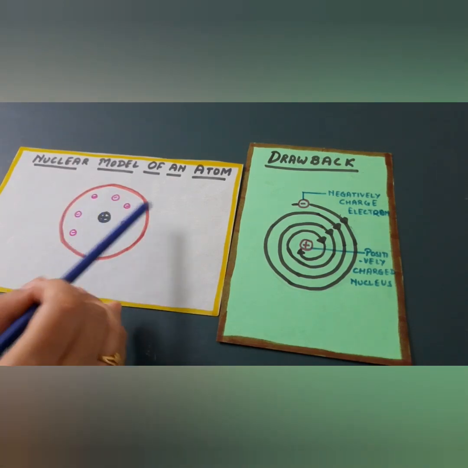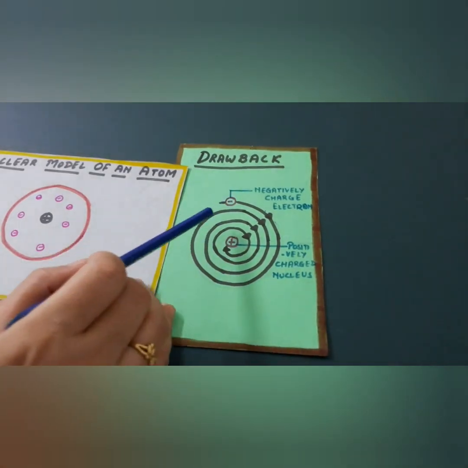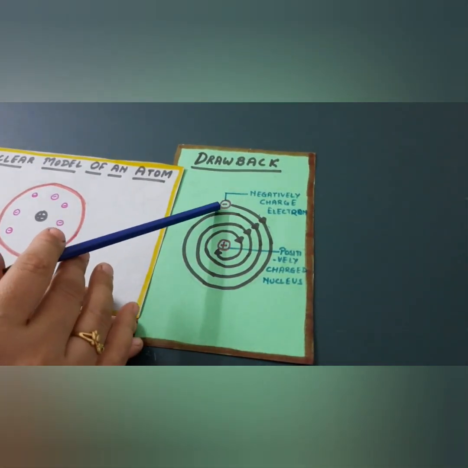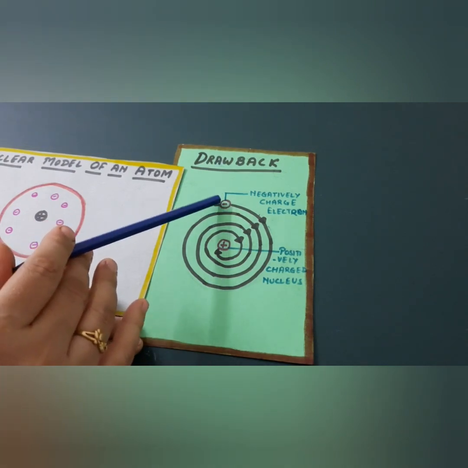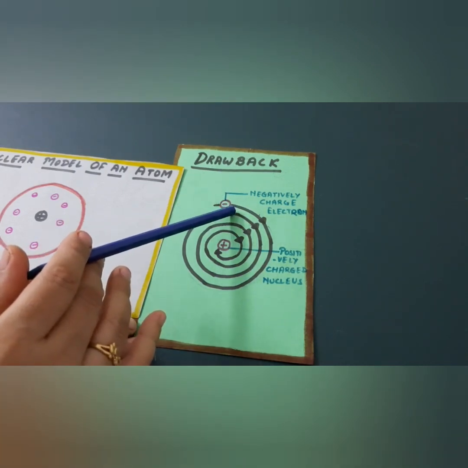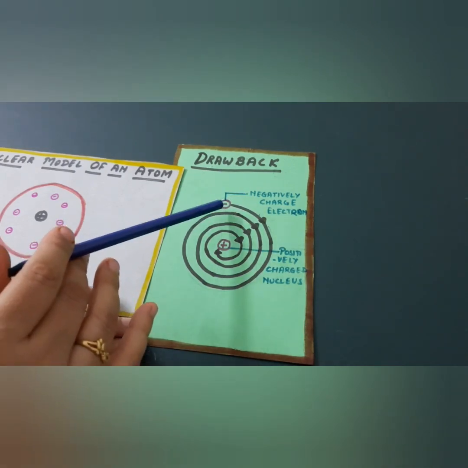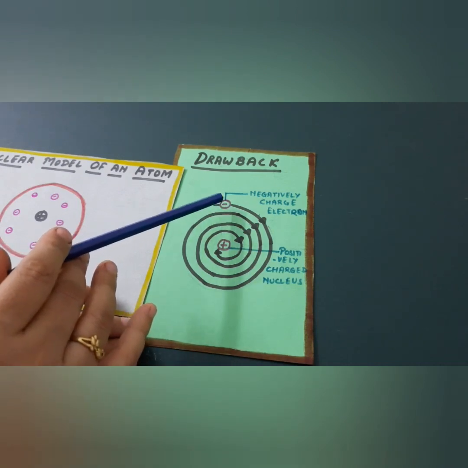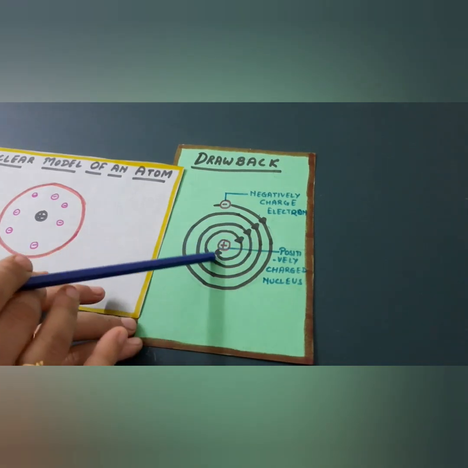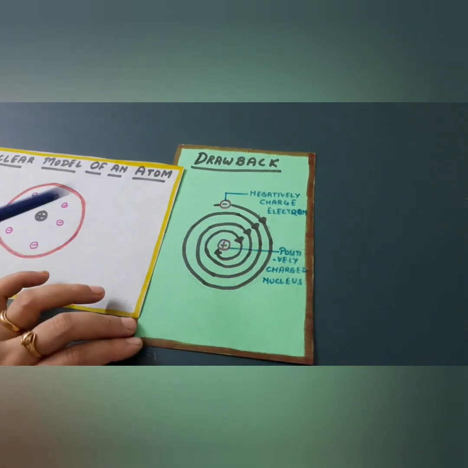If the electron is continuously moving around the nucleus, obviously it will accelerate, and because it is a charged particle, it radiates energy. Is it clear? So after some time, when it is radiating its energy, it will fall into the nucleus.